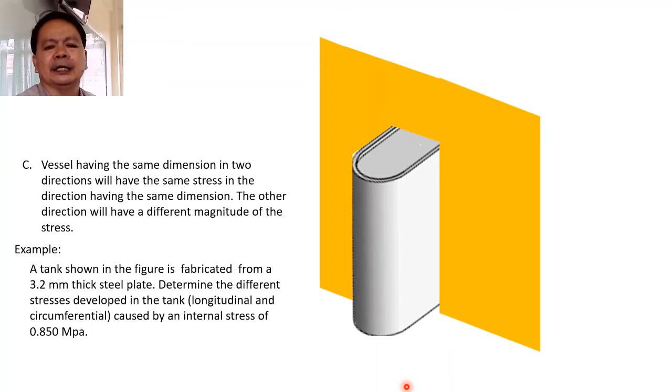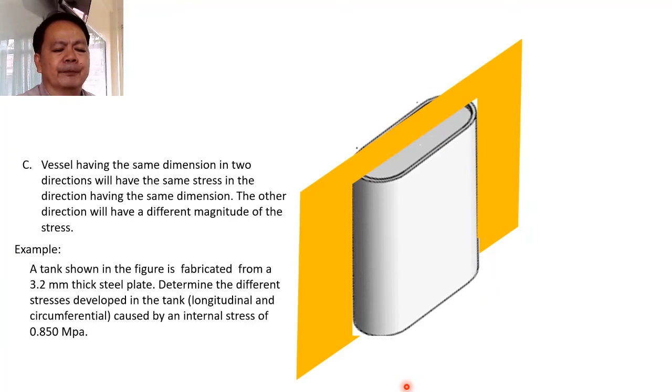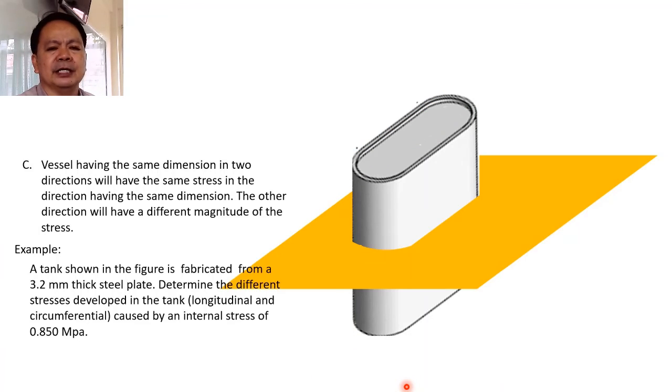Kapag ito hinati natin, dinaan natin ng cutting plane, makakakuha tayo ng isang stress. So we have one stress. If the vessel is cut by this cutting plane, then we also have another stress. And if the vessel is cut by this cutting plane, we have another stress. So doon sinasabi natin determine the different stresses.